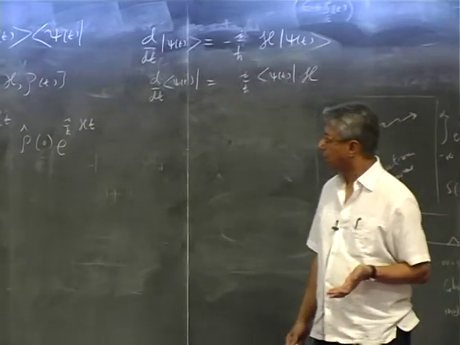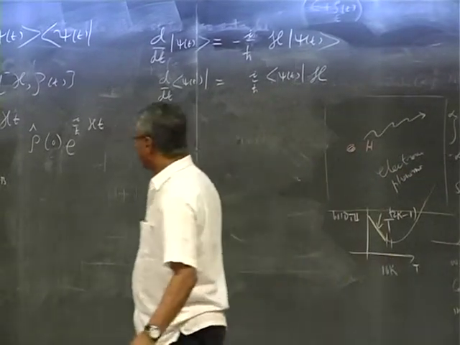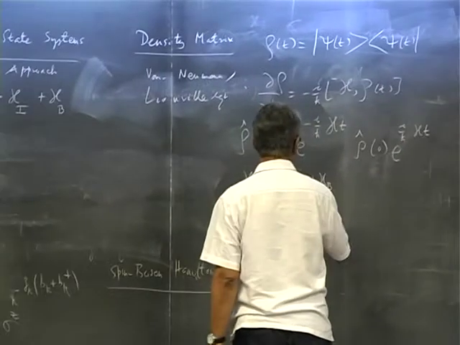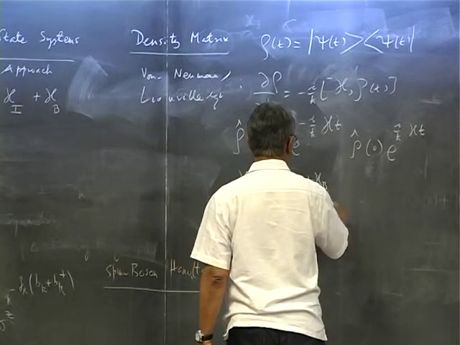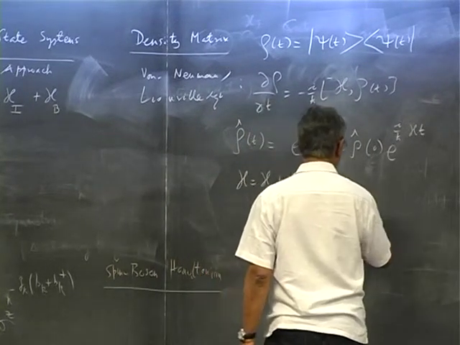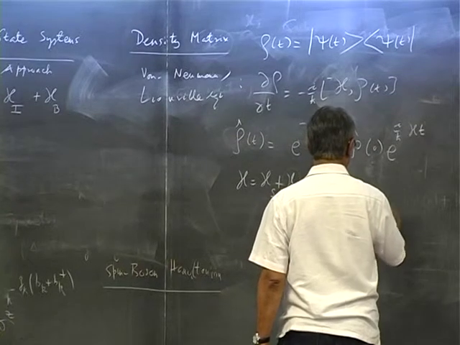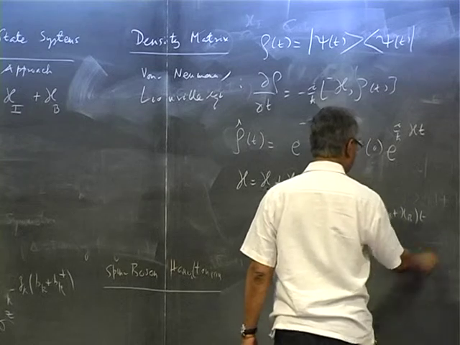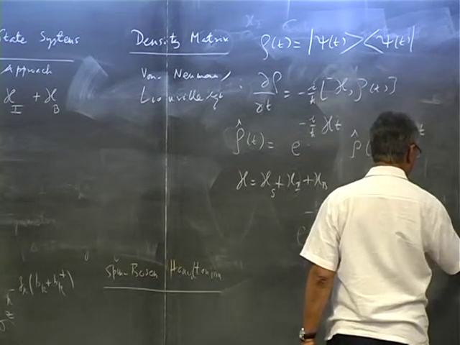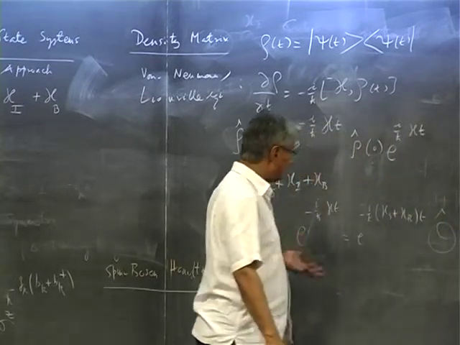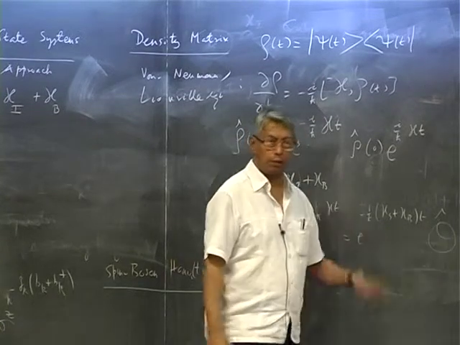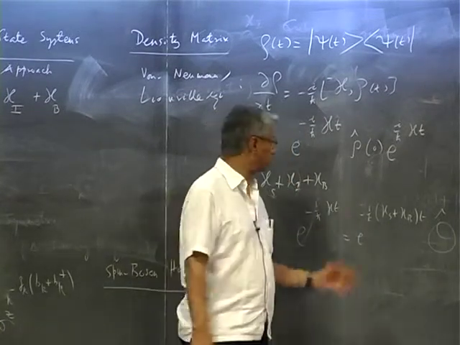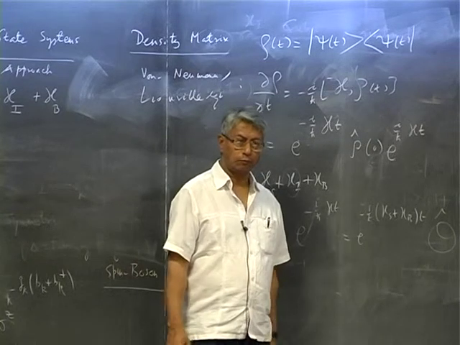Okay? Now, of course, you have seen many things in quantum mechanics, like if you have e to the minus iHt over h bar, then you write it as minus iH_S plus H_B because they commute, and then you get a complicated operator. And the idea is to develop this in a kind of series with H_I, right?